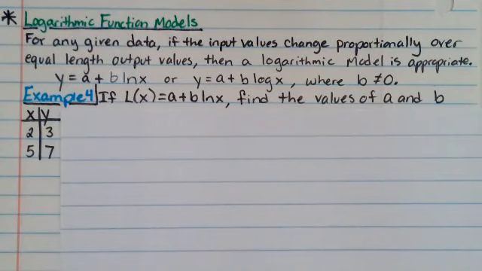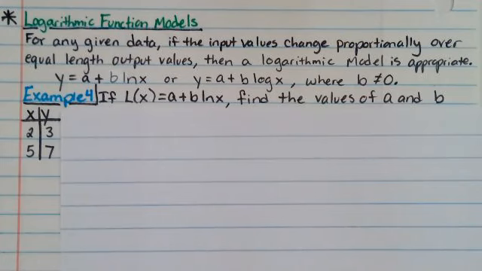So exponentials, you would have seen that the x value changed at a constant rate, whereas the y value changed by either multiplying or dividing by something every time. This time those are switching. So the y's are going to stay constant, whereas your x's are going to change proportionally. So you would multiply by something every time or divide by something every time. So if you ever get a model and they say, is it logarithmic? You can tell by just checking for that proportionality on those inputs.